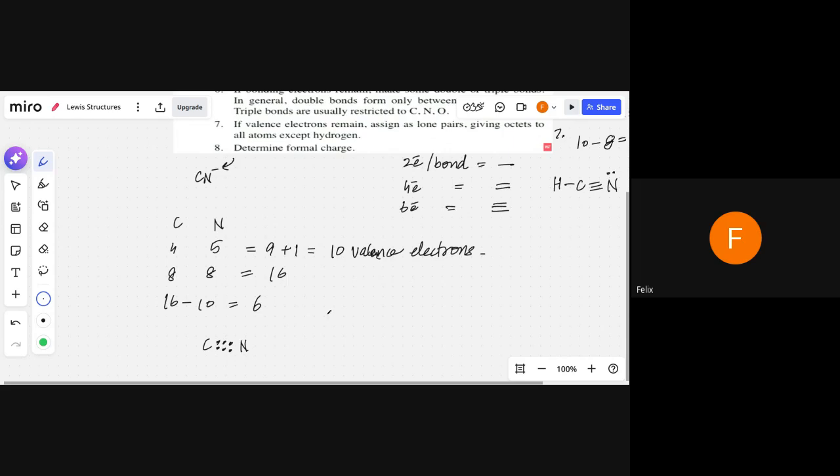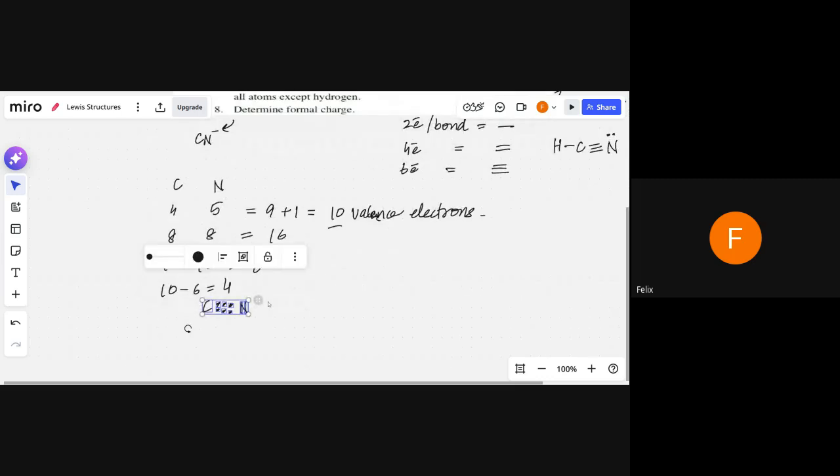And now let us calculate the lone pairs. We started with 10 electrons, and 6 were bonding, so now we have 4 remaining, right? So we have 4 electrons that will be assigned as 2 lone pairs.